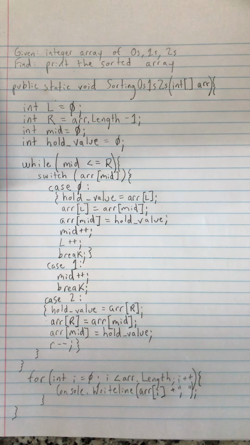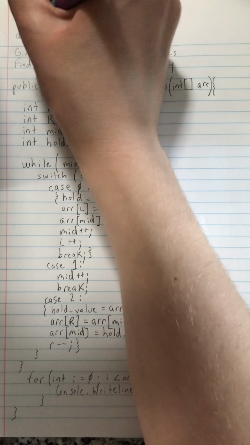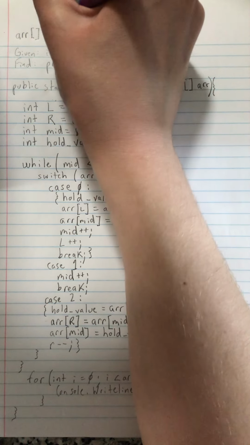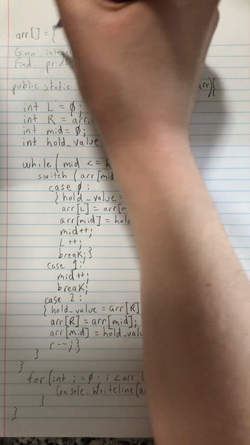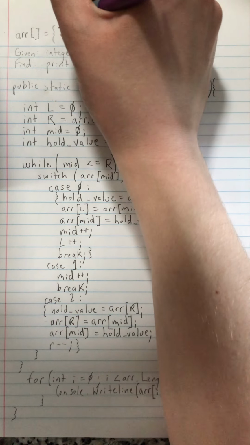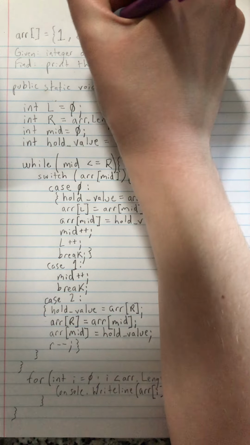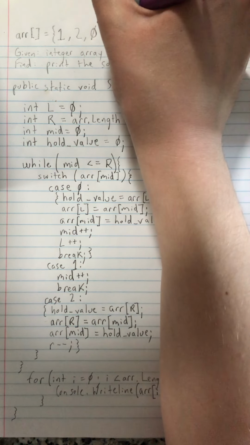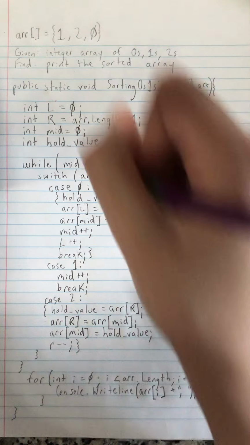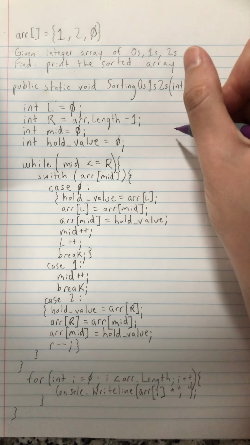Let's try out a sample array. Where do I have room? I'll put the sample array here. So array, we will assign this. Let's put everything out of order so it gets fun. So 1, 2, and 0 is our array of 0s, 1s, and 2s.